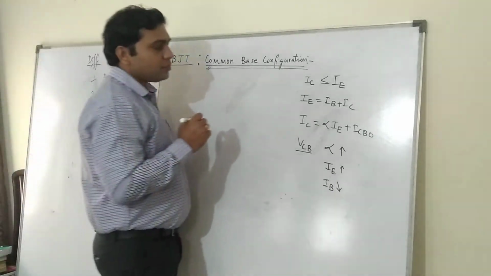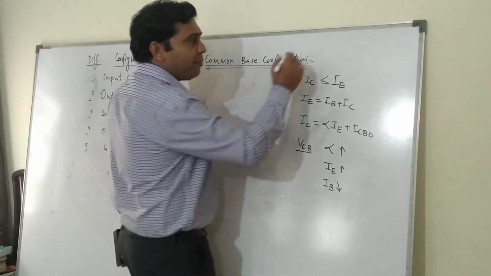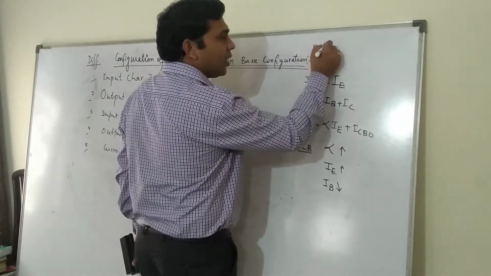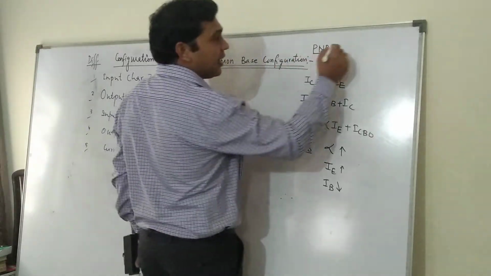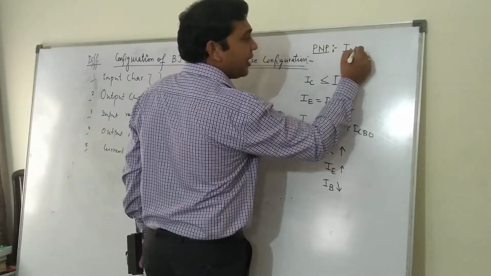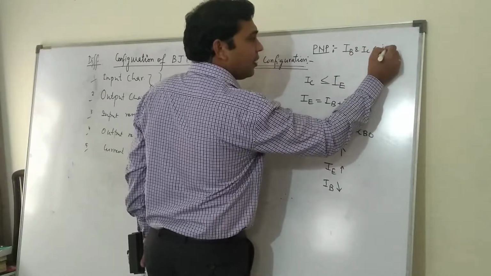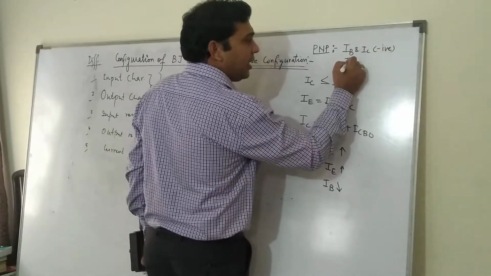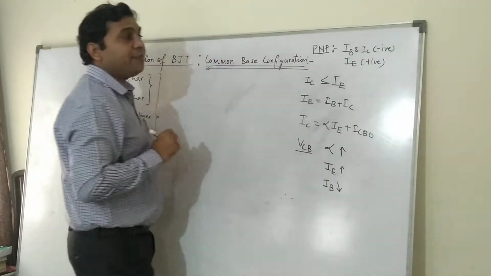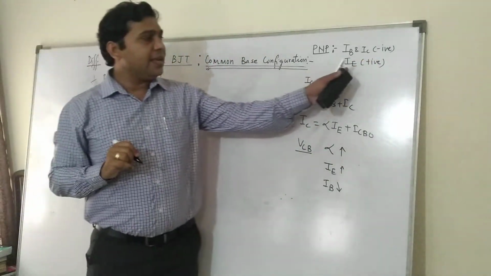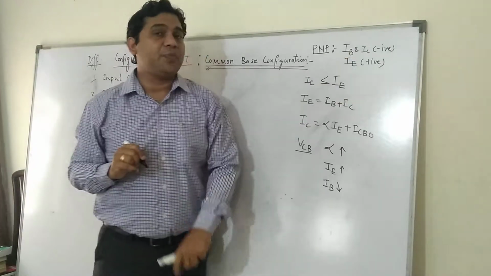Now, if you have a PNP transistor, then we have already studied that IB and IC we will take negative and IE we will take positive. However, if we have an NPN transistor, we will take IE as negative and IB and IC are positive.